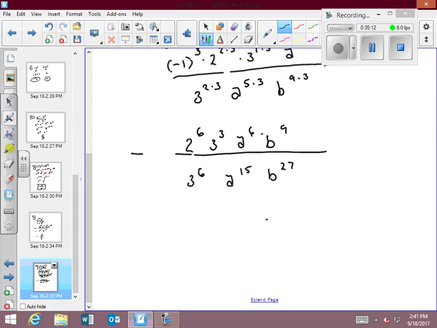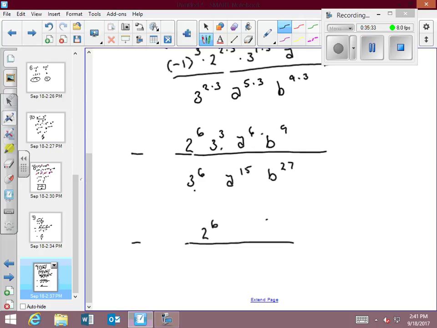Notice that the base of 2 has no factor in the denominator, so it's in the numerator: 2 to the 6th. Now you have a 3 here and a 3 base here.